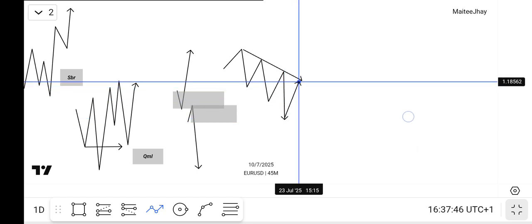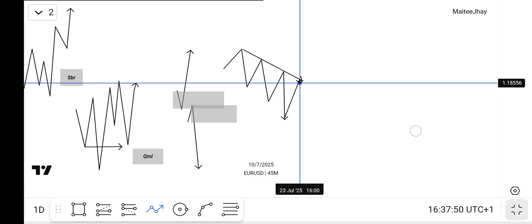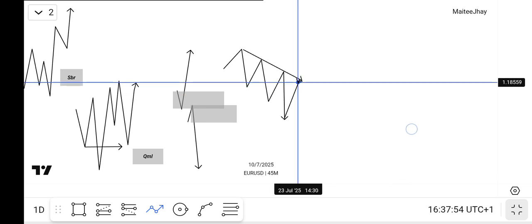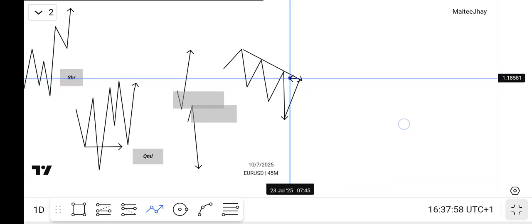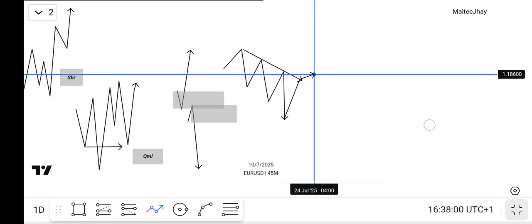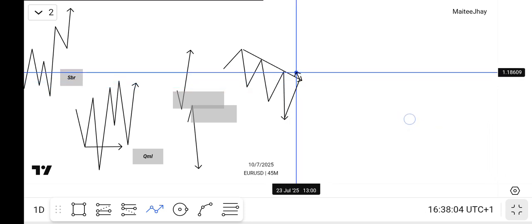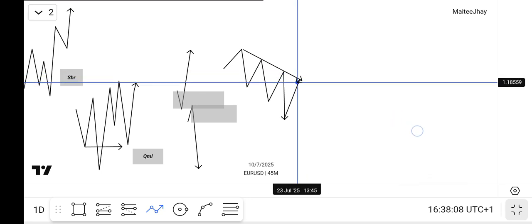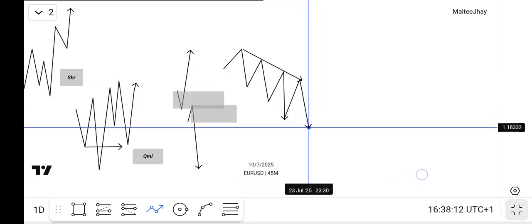The market coming back to this zone like this, you're expecting the market to display your strategy. Then you can enter for the sell continuation. What is your strategy? You are the one that knows your strategy. So you have to look out for what you used to look out for before taking your trades. When you see it clearly here, that gives you more confidence to take the sell to cover this low.